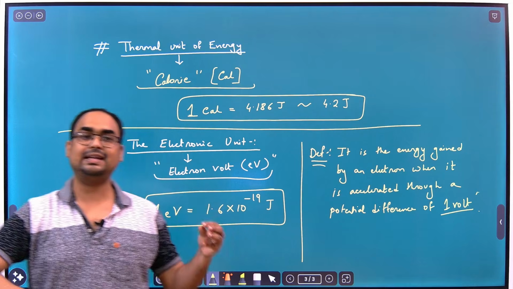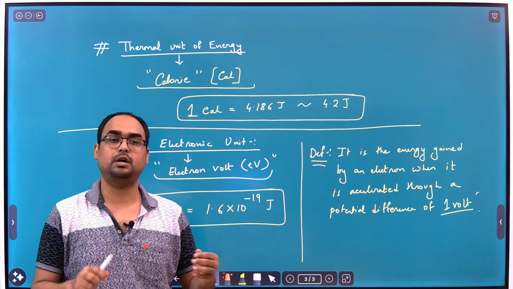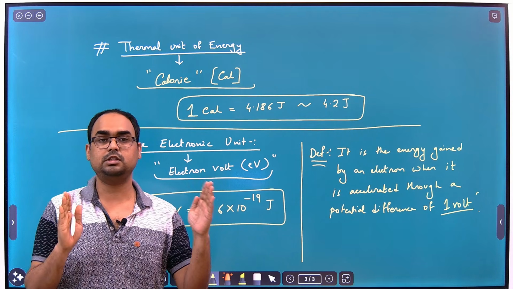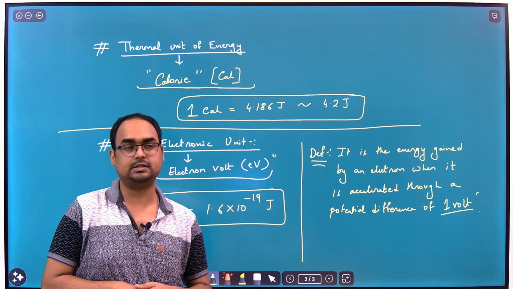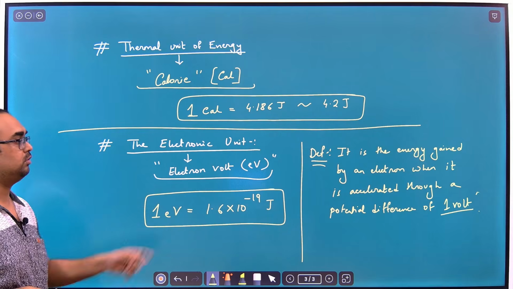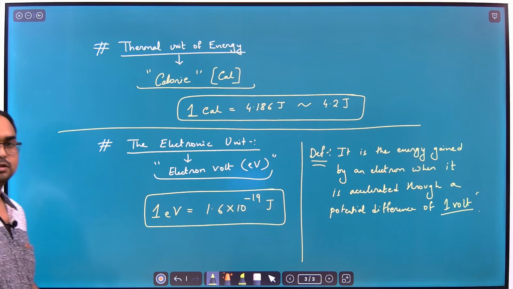So if you send an electron into a chamber where the potential difference is 1 volt, the energy that the electron gains is known as 1 electron volt. Please go through this.